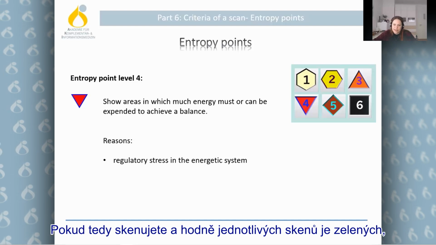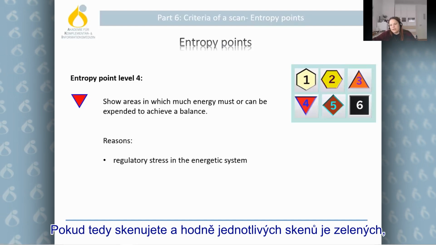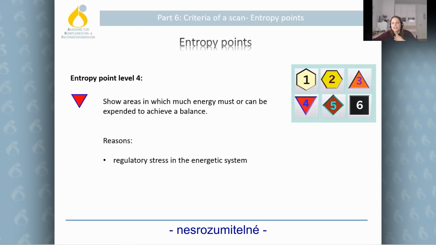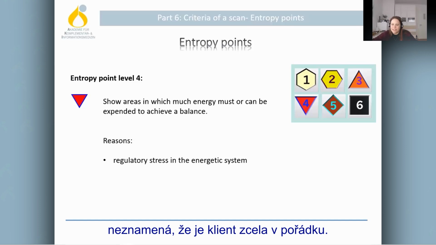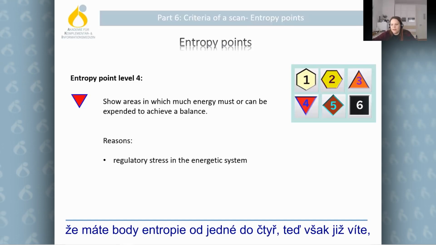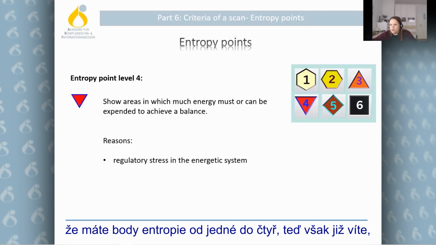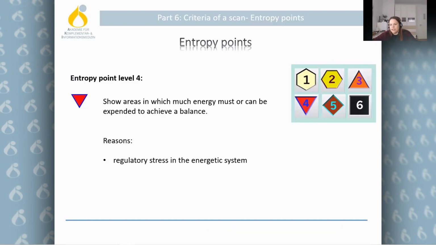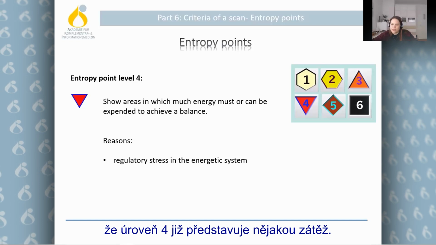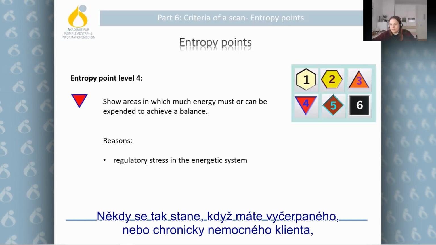So when you do a scan and you have a lot of green scan images, so the scan looks green, I always hear from the German therapists, it doesn't tell you that everything is okay. It just gives you the information that you have entropy points from 1 to 4, but you already know now that entropy 4 is already a stress level.